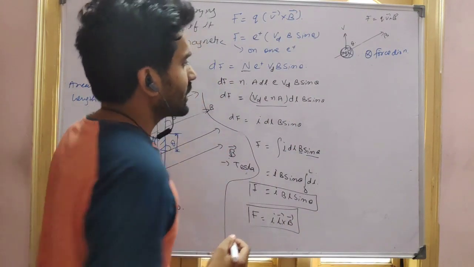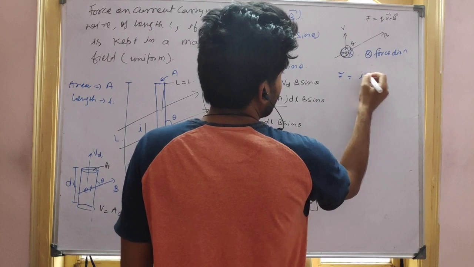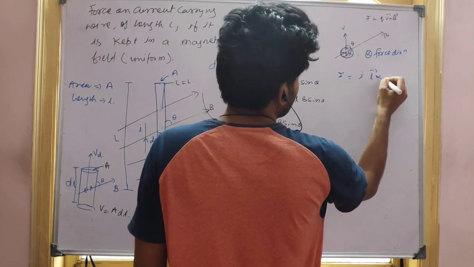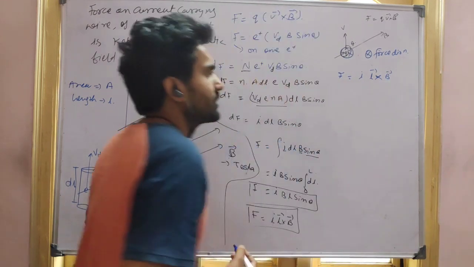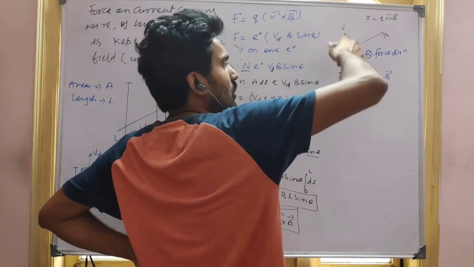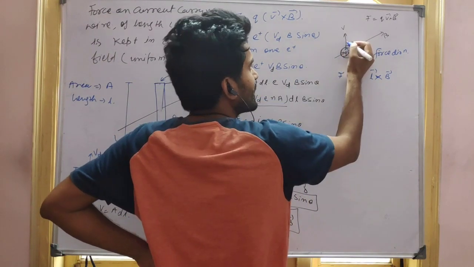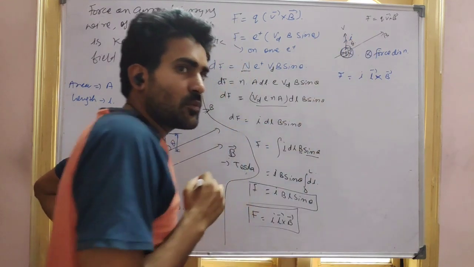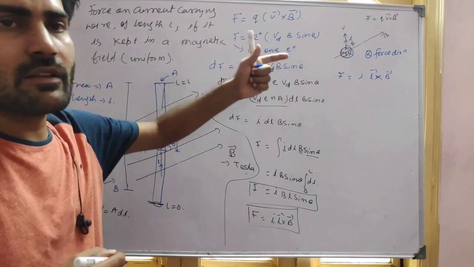So here we got F equal to I L cross B. See guys, if the positive charge is moving in this direction, obviously current is in this direction.